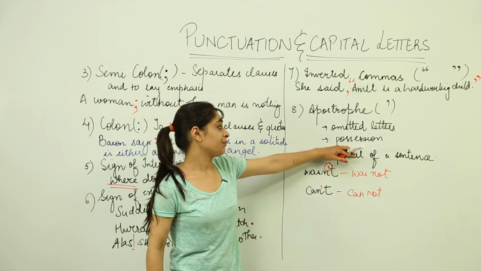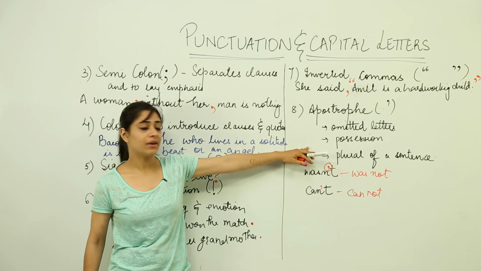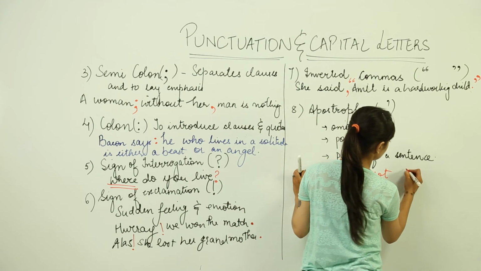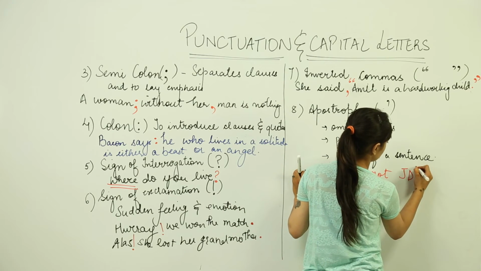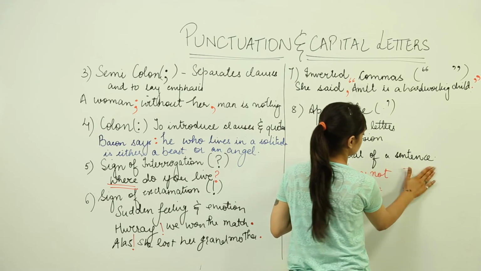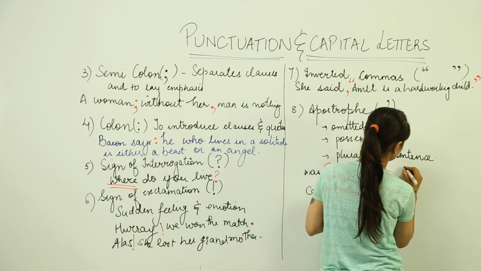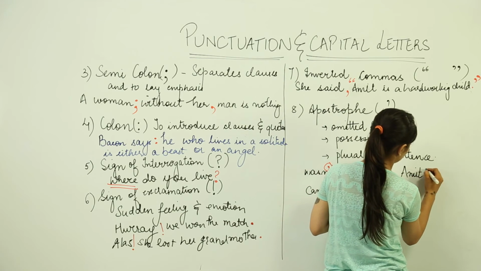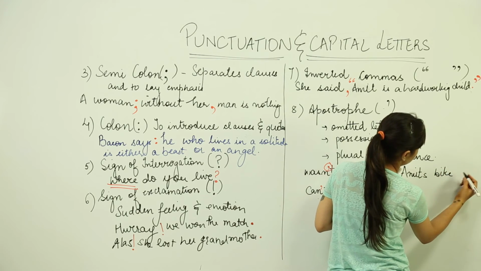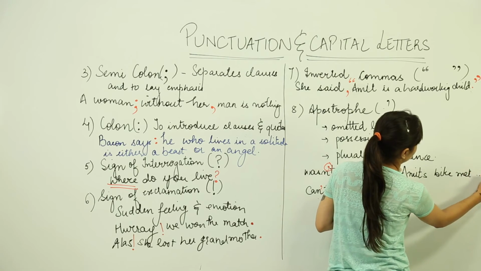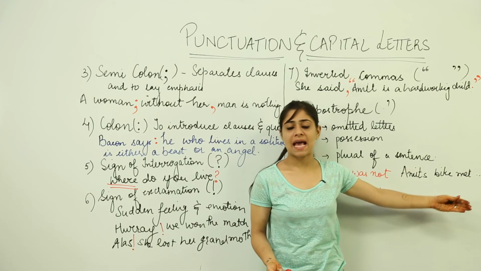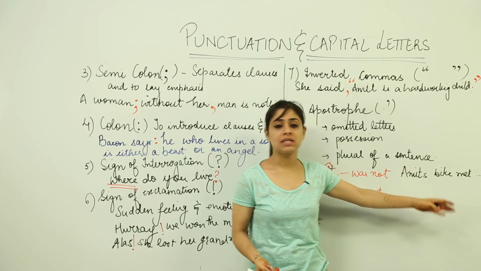Now, in possession, apostrophe is used generally in possession and the plural of a sentence. For example, supposing we have a sentence wherein Amit's bike met with an accident, Amit's bike was stolen, something of this sort.